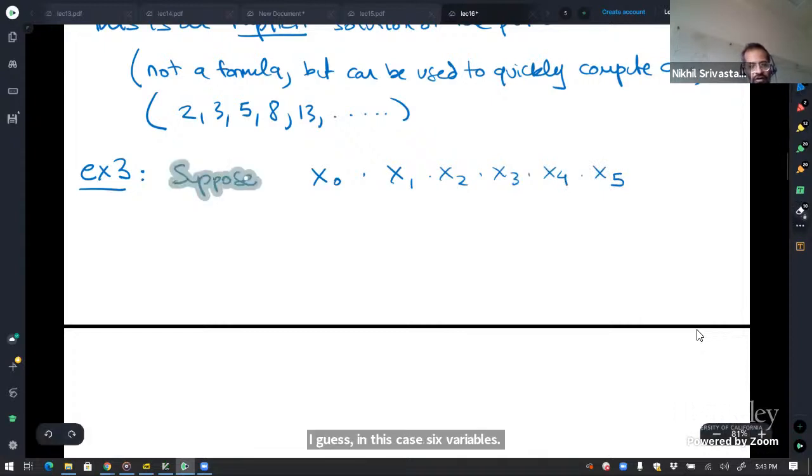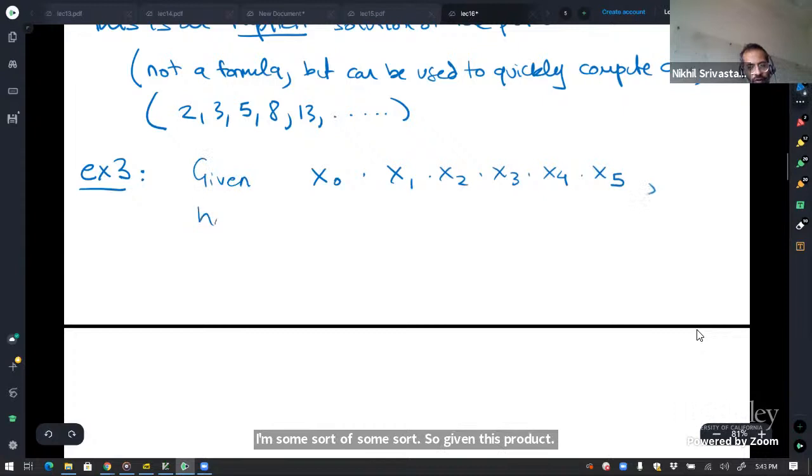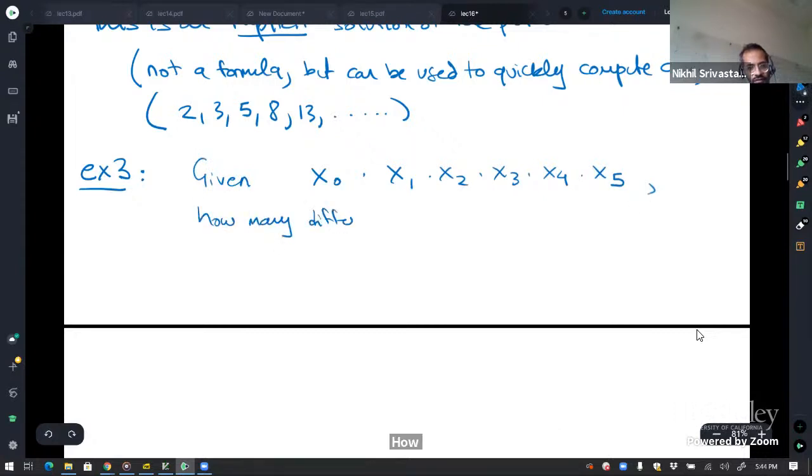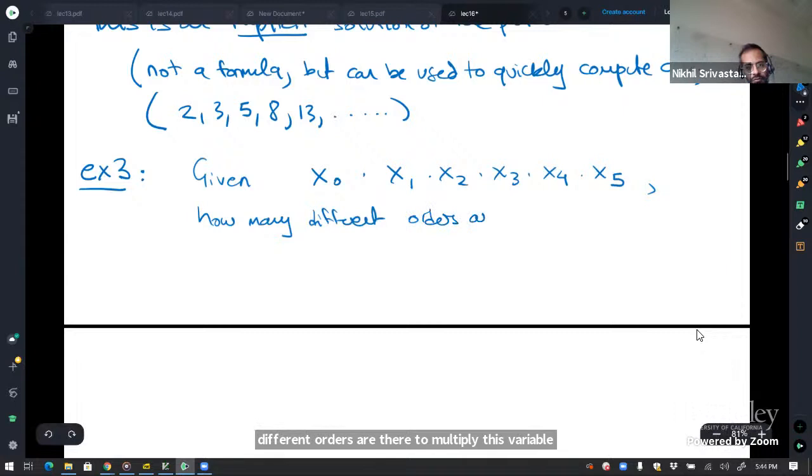So given this product, how many different orders are there to multiply these variables? So in other words, how many different ways are there to parenthesize?